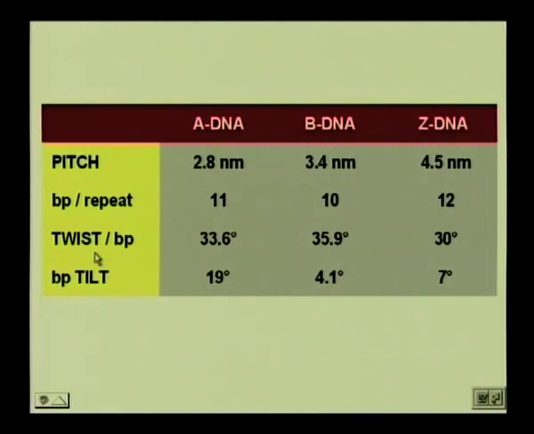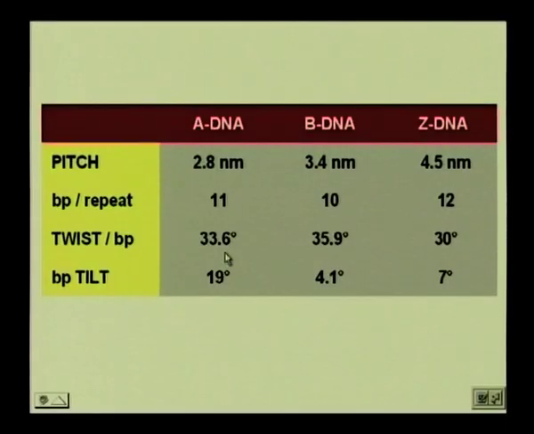The twist per base pair, you realize that there is a slight twist as you have the base pair, like you would also have angle disposition for the alpha helix. These are the twists per base pair and we have a slight base pair tilt which is not very much in the B DNA, just 4 degrees. Okay?